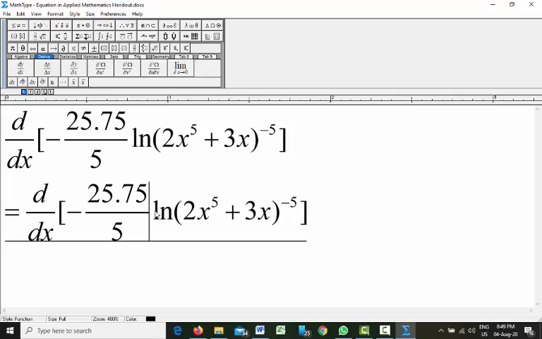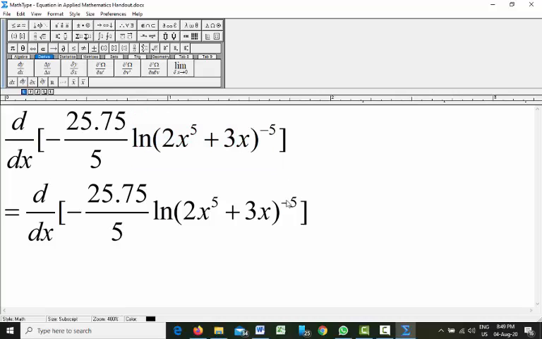If you have any power in front of ln, that power needs to move out and should go behind ln.